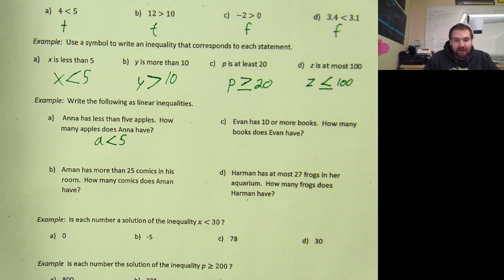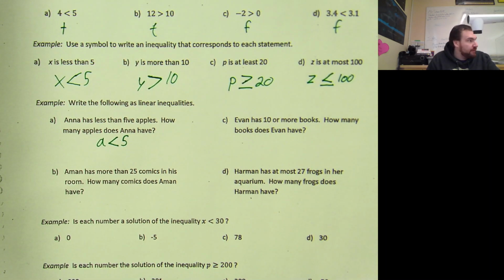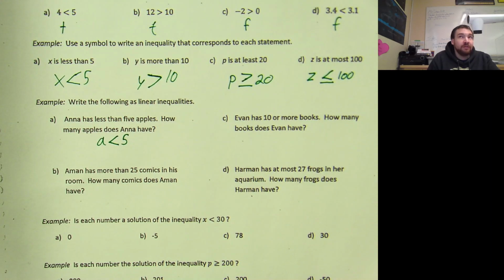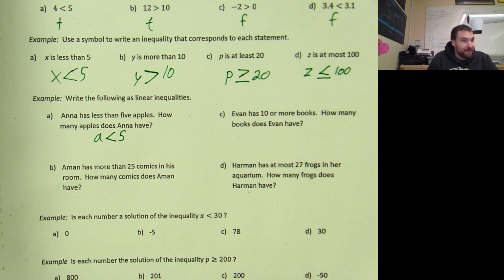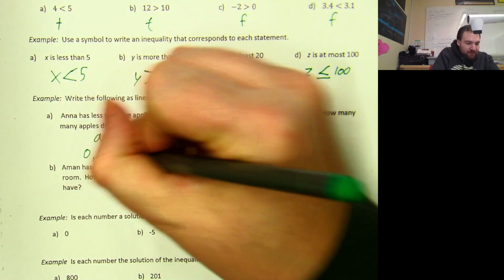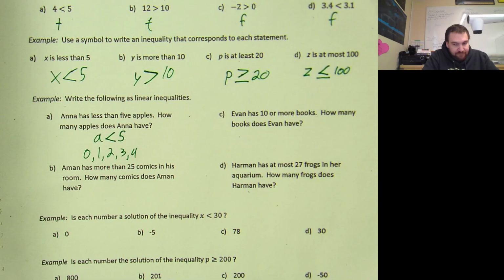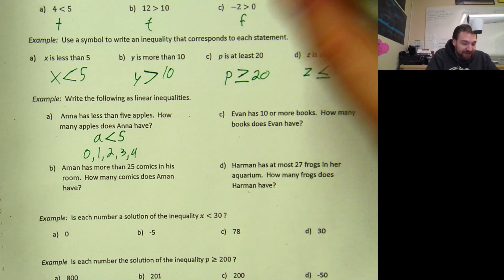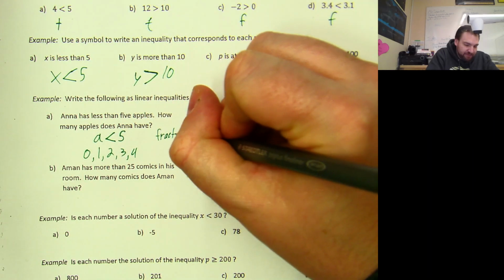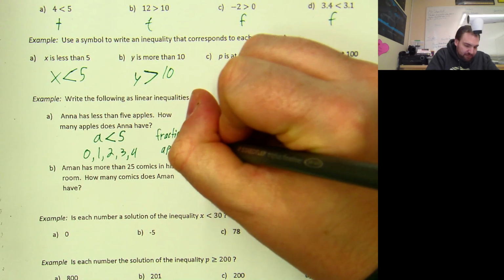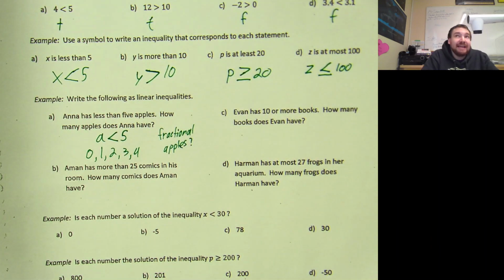What are the possible values for Anna's apples? 0, 1, 2, 3, or 4. Now, if she starts serving them, are we allowed to have fractional apples? Given the context of the question, could we have fractional apples? Sure. Maybe she started cutting them up and sharing them with her friends.